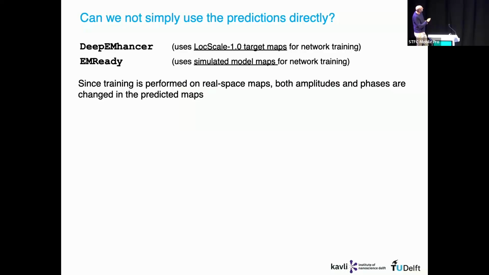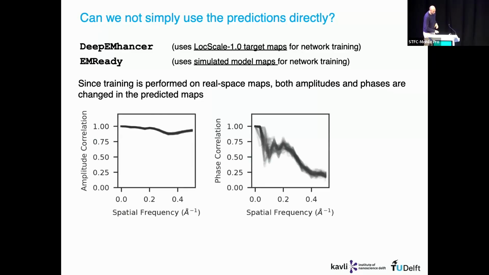These predictions give you nice looking sharpened maps, and more than that, they also modify the phases. You need to remember that sharpening only affects your amplitudes, so maybe paradoxically, while your map looks better, the resolution of that map has actually not changed. If you use these methods, it's more similar to density modification, where you're changing both amplitudes and phases of the predicted maps, because those are trained in real space. So it's a real space mapping that is being done.